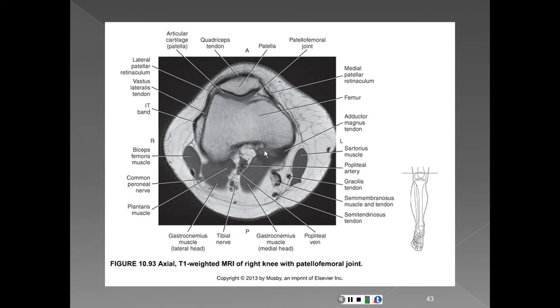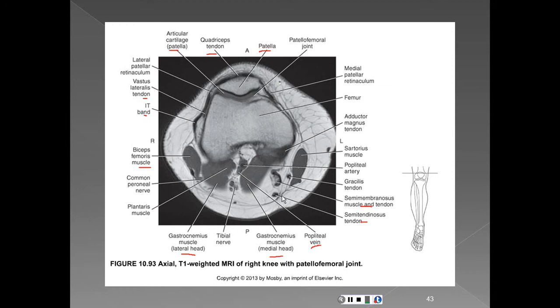Axial T1 MRI of the knee with the patellofemoral joint. Here we want to identify the patella as well as the patellar tendon. The articular cartilage of the patella is important. Vastus lateralis, the IT band, the biceps femoris. We talked about all of those, the gastrocnemius lateral head, the gastrocnemius medial head, popliteal vein, semimembranosus, and semitendinosus.